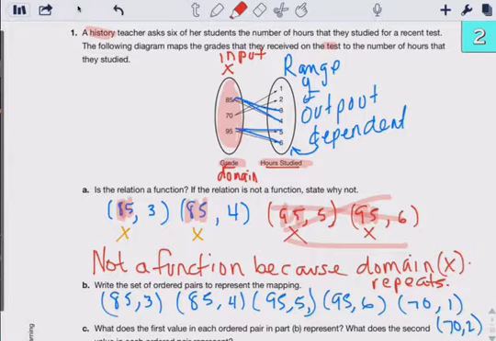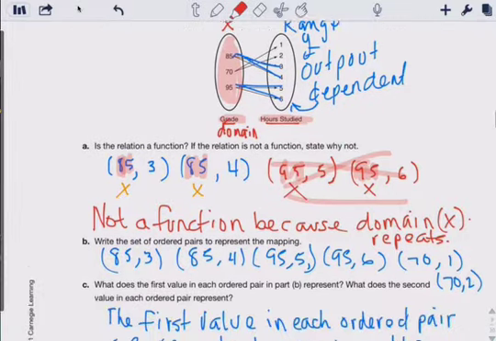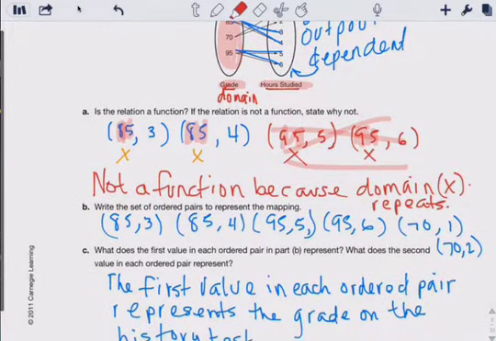Let me check this out. That makes sense. I was correct. Okay.